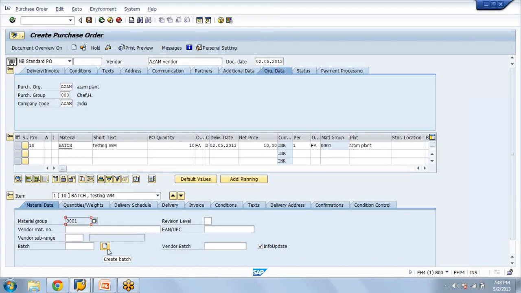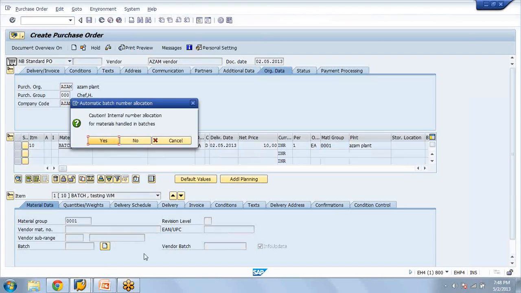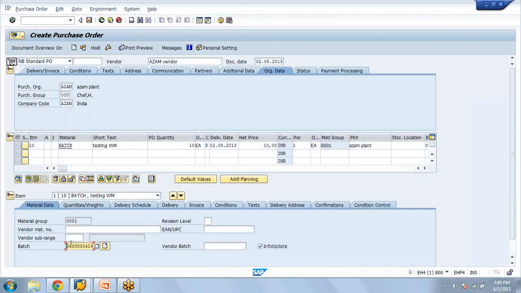You will understand. You can configure those WM activities yourself to understand. So I'll create one batch. This batch is created now. Let's see how the data will flow in WM.